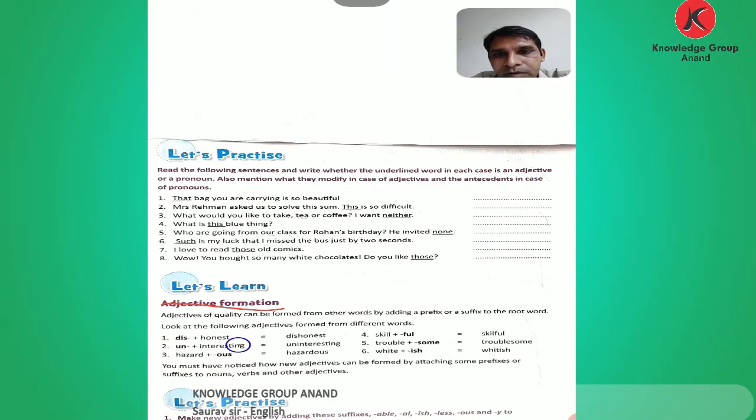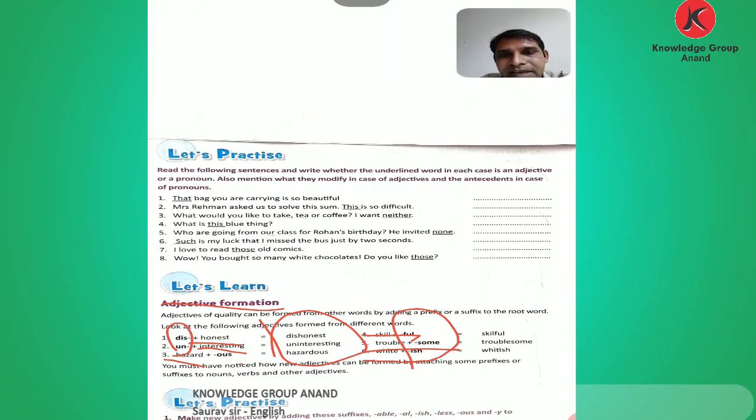Here are the words honest, interesting, hazard: dishonest, adding dis; uninteresting; hazardous. Other adjectives are skillful, troublesome, and whitish. So this is how we make adjectives by adding suffixes and prefixes.